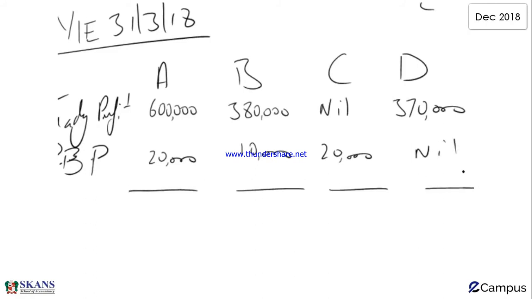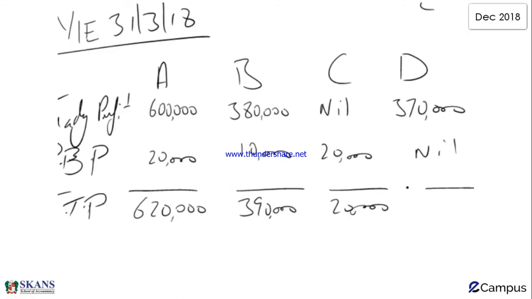Assuming these are the total incomes earned by the companies and no gifted donations or QCDs. So 20,000, 390,000, 20,000, and 370,000.